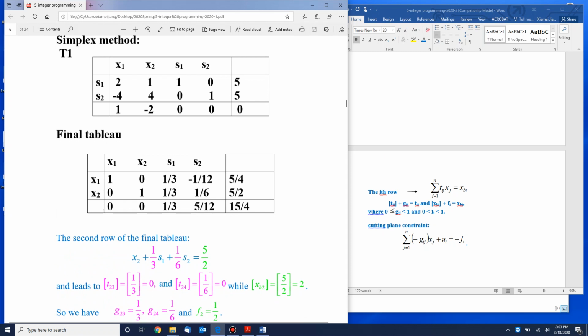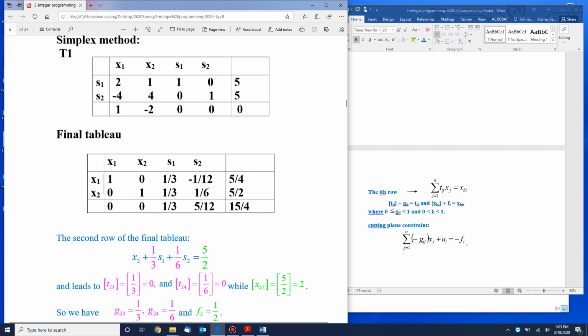Now, according to the cutting plane method, we have T21 equals 0, T22 equals 1, T23 is 1/3 and T24 is 1/6. The integer part of 1/3 is 0, the integer part of 1/6 is also 0, and for xb, the integer part of 5/2 is 2.